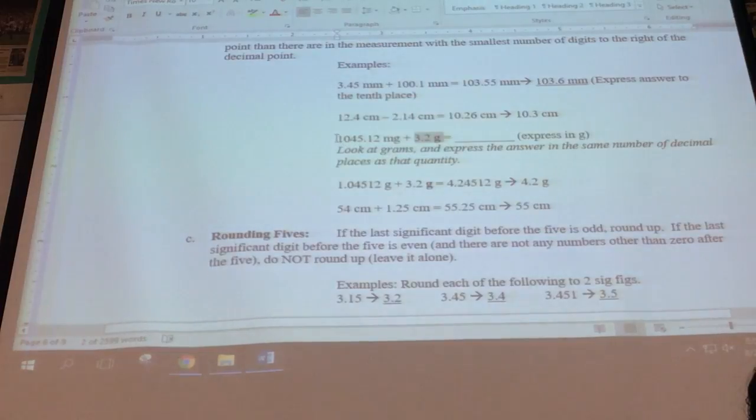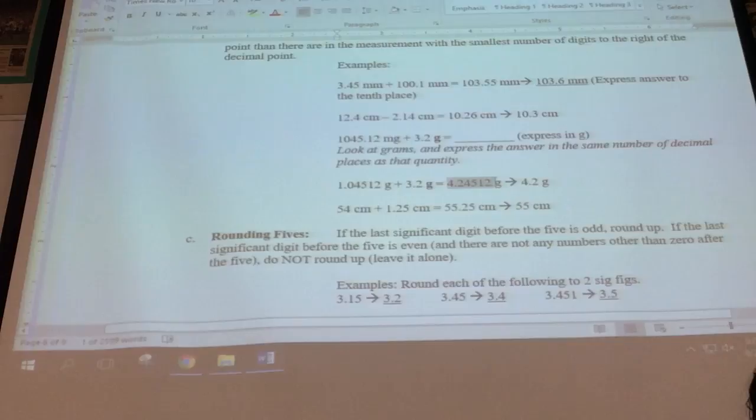I need to convert this quantity to grams. I do so by moving the decimal place 3 to the left, or dividing by 1,000, and that gives me 1.04512 grams. So to go from here to here, I move the decimal 3 to the left. I added 3.2 grams to that.